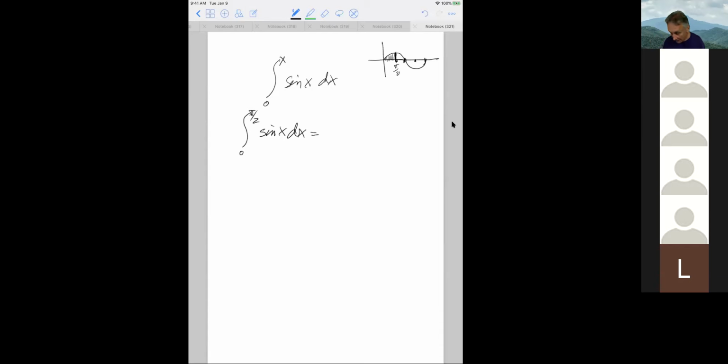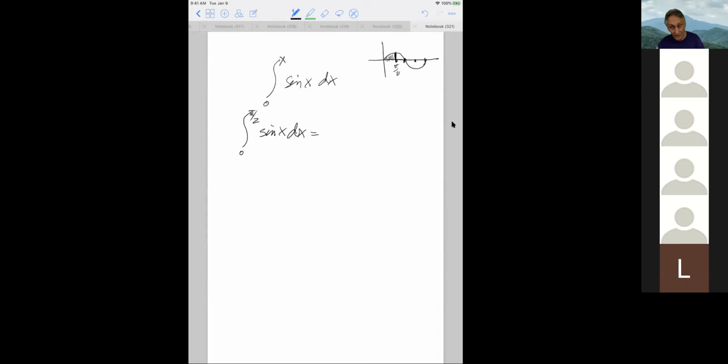So let's do it now on our calculator if you want to. But before we do that, I can also use the fundamental theorem of calculus to calculate it. What's the integral of sine? Well, it is negative cos. What do you take the derivative of to get positive sine? If I take the derivative of sine, I get cos.